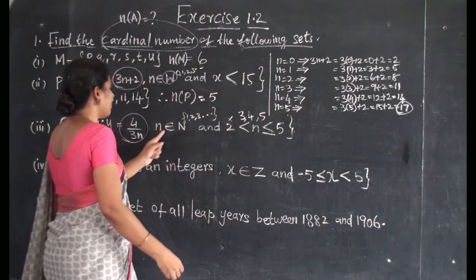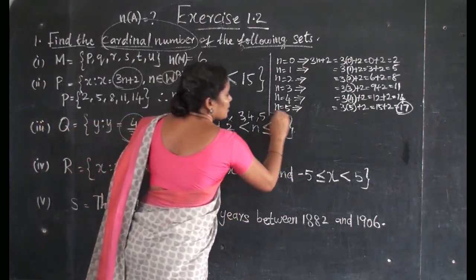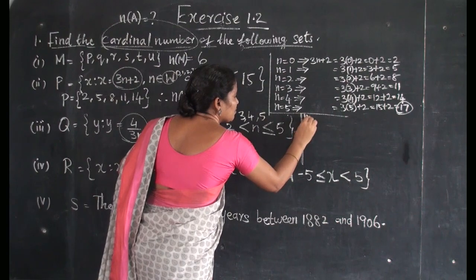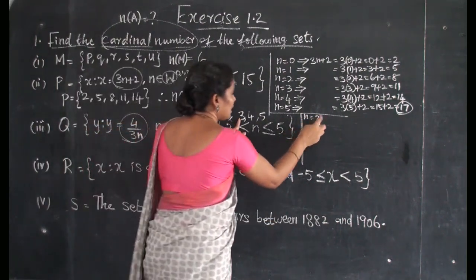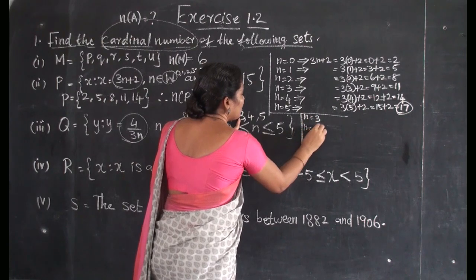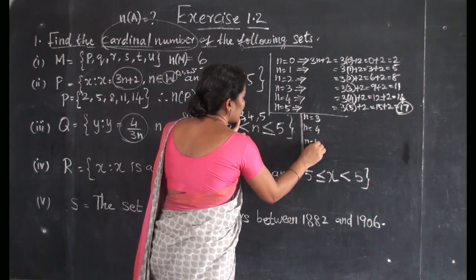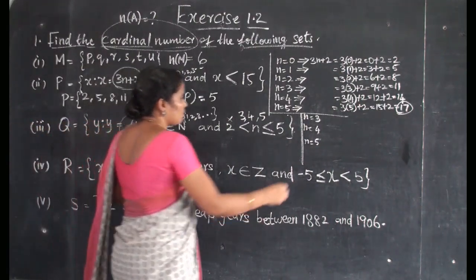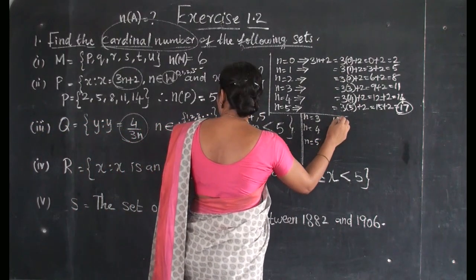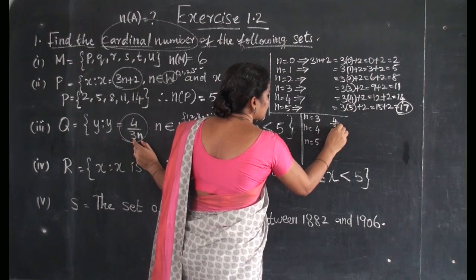So the values of n are n is equal to 3, n is equal to 4 and n is equal to 5. We can apply this condition y is equal to 4 by 3n.